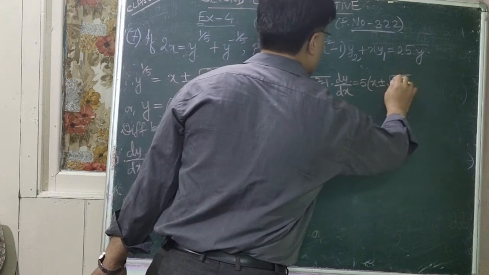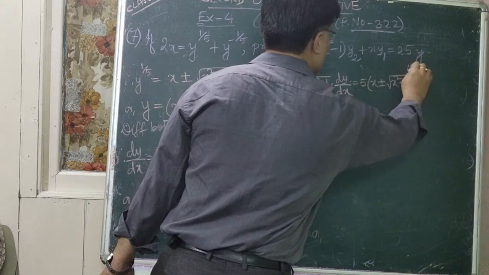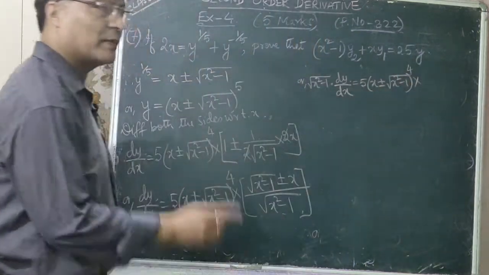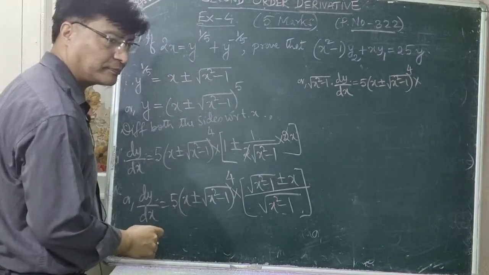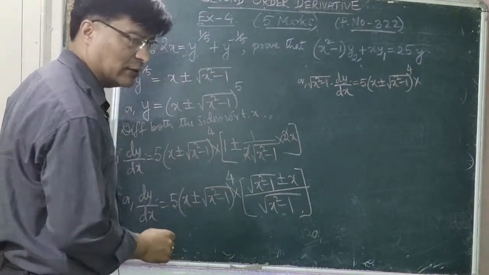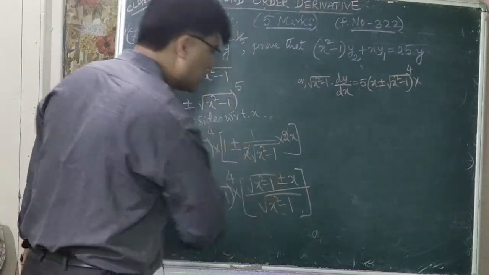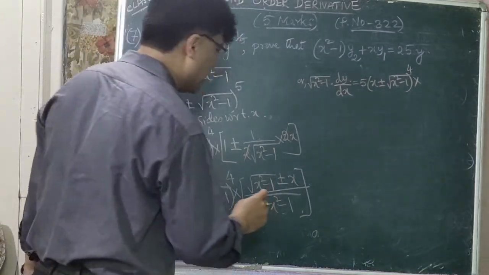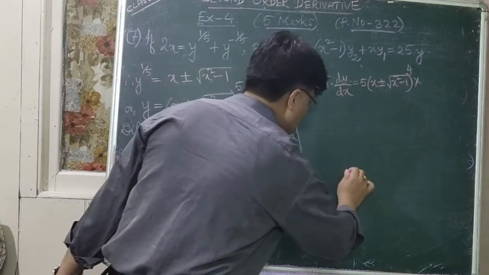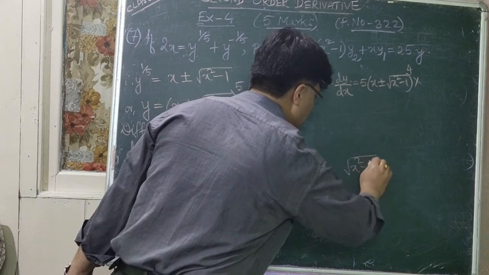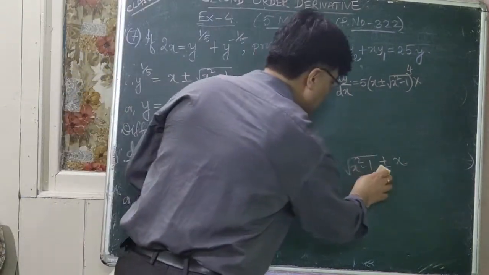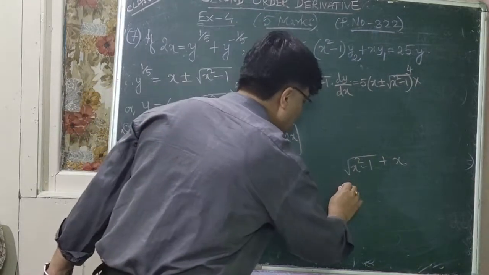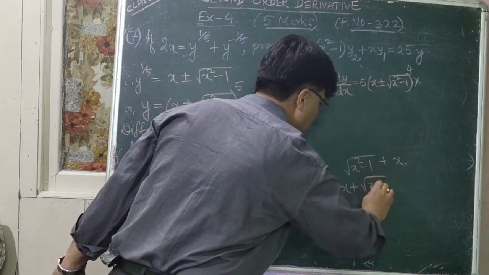plus minus root over x square minus 1 whole to the power 4 into, and here you can take common here. So how can you take common here? If it is plus sign, see how we take common. x square minus 1 plus minus x is there, right? Suppose you write only x, we can have x plus minus root over x square minus 1.